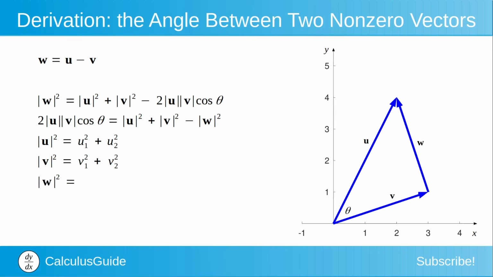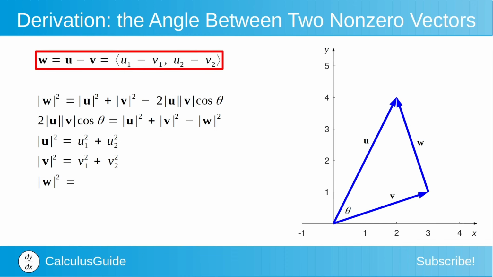For the length of the vector w squared, because the vector w is equal to u minus v, we can express the components of the vector w in terms of the components of u and v. The components of the vector w are equal to u1 minus v1, u2 minus v2.